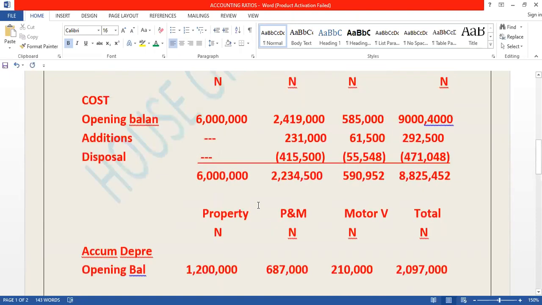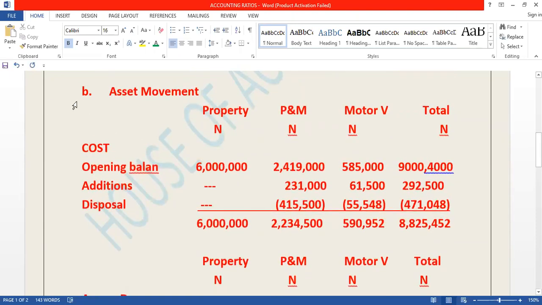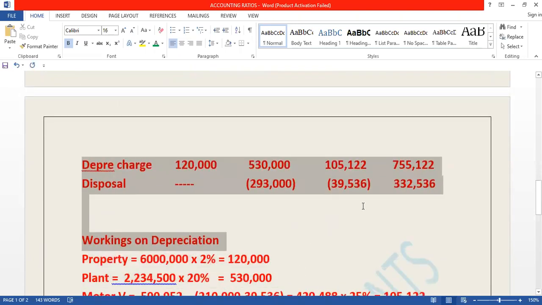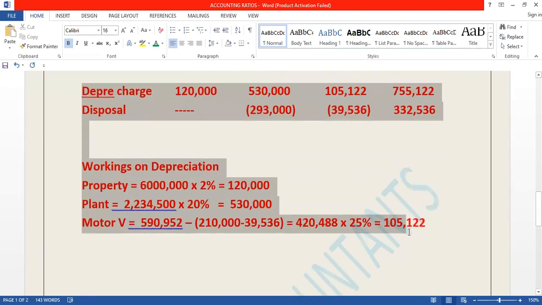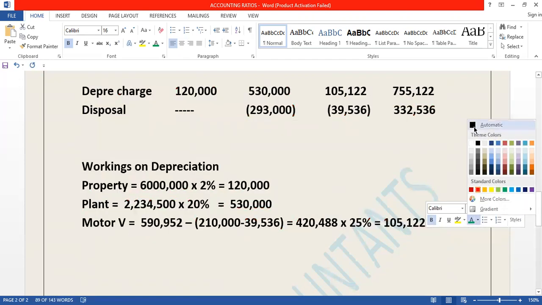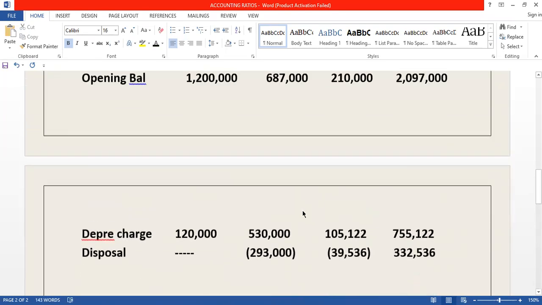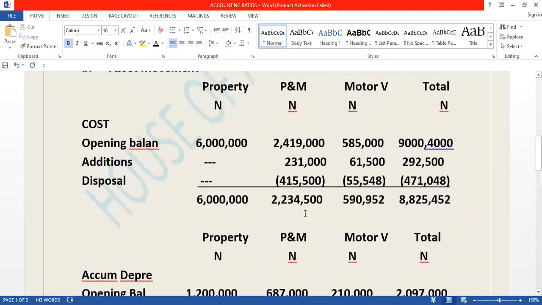Now you can see this is how the movement of assets should look, one after the other. You must show if one asset has been disposed of or something happened to that asset, which we have done in this case.